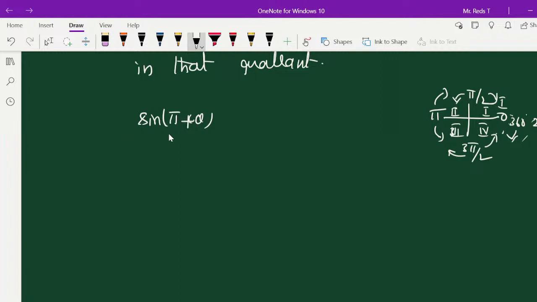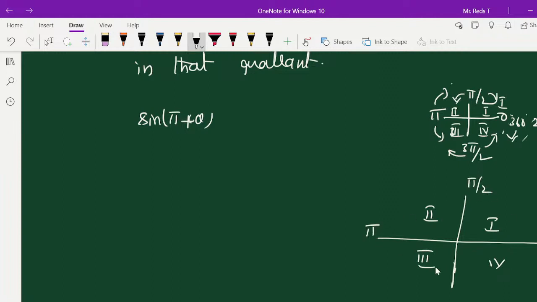Okay, now sine of pi plus theta. Pi minus theta comes in the second quadrant. You can draw a bigger diagram, otherwise you may get confused. First, second, third, fourth quadrants: 0, pi by 2, pi, 3 pi by 2, and at the point of 0 you will get 2 pi also. Now pi plus theta comes in the third quadrant.